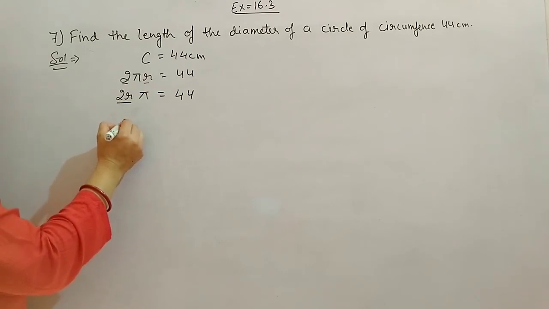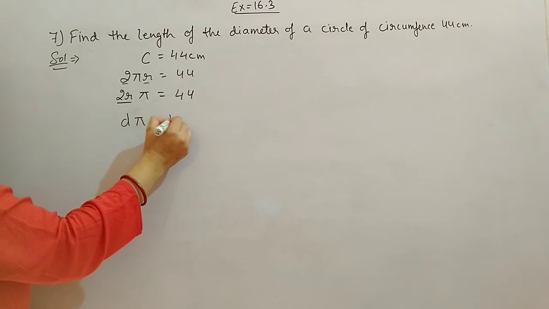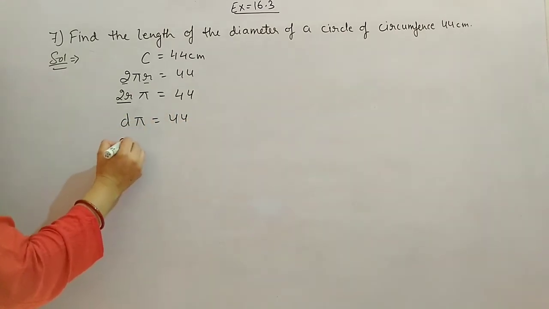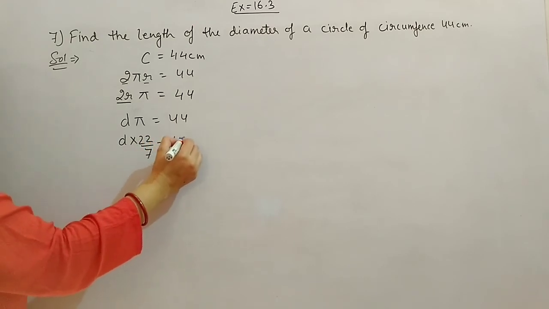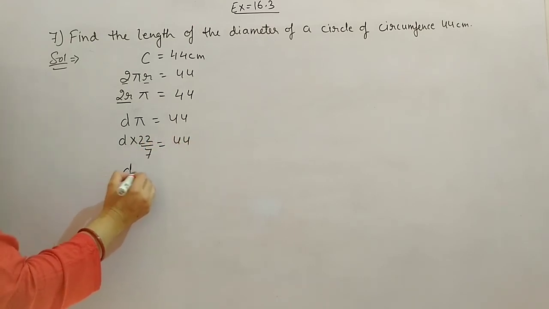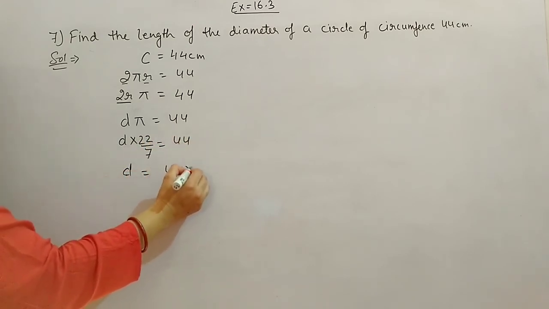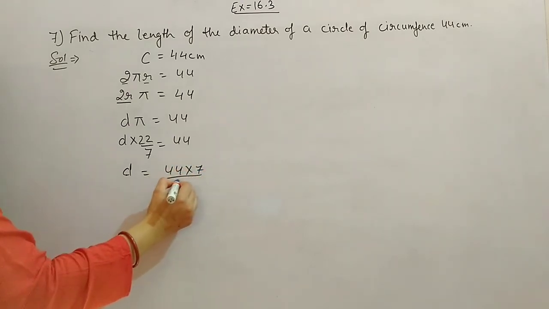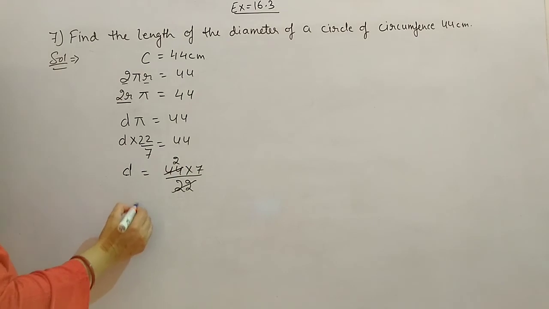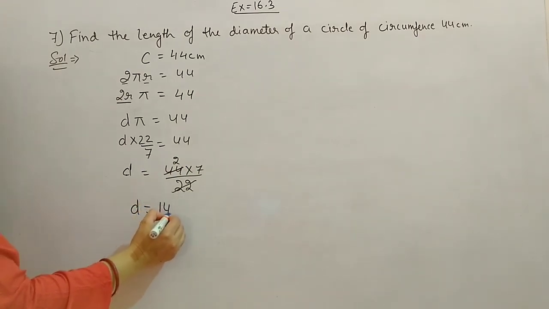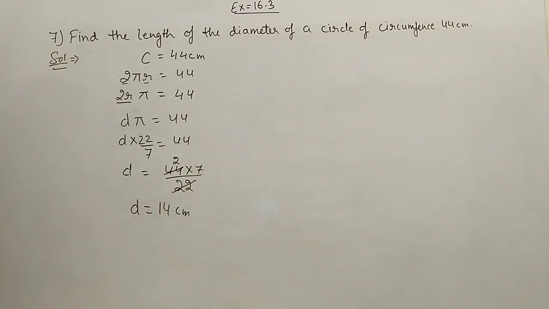So we can write it as d pi is equal to 44. Pi value is 22/7, so d × 22/7 equals 44, and you can shift it to the other side. So 44 multiplied by 7 by 22. With the 22 table you can cancel. So the diameter will be 14 centimeter.